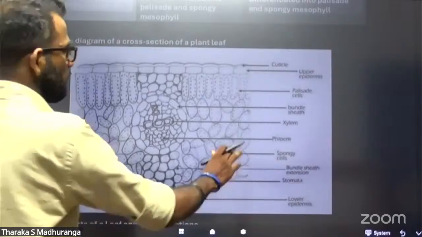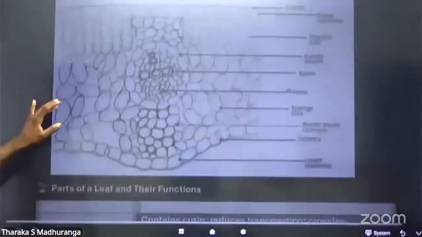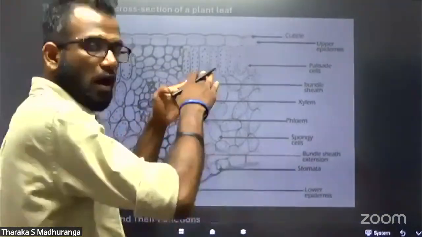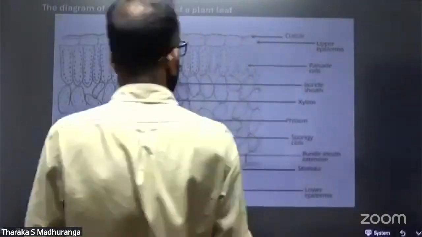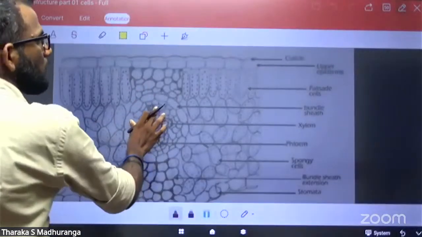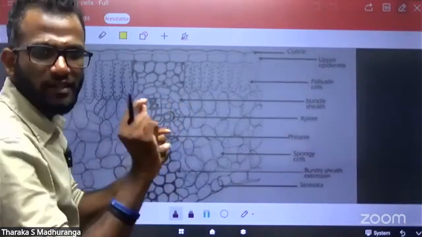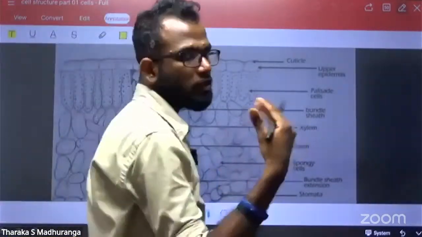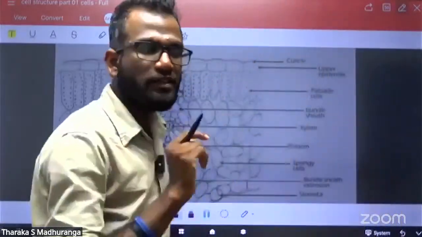It is very difficult to draw this. The outer layer of the leaf is the cuticle. It is like a wax layer. It is important to protect plants from water loss. Okay, it is a cuticle layer, like a wax layer.